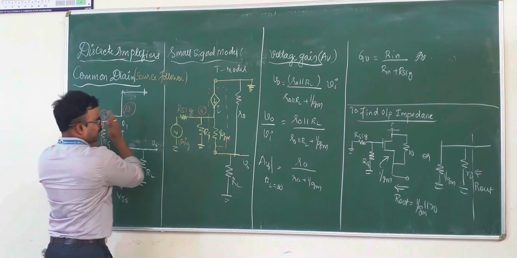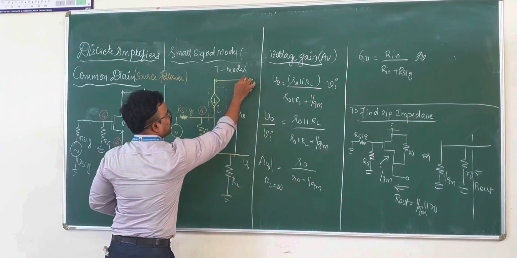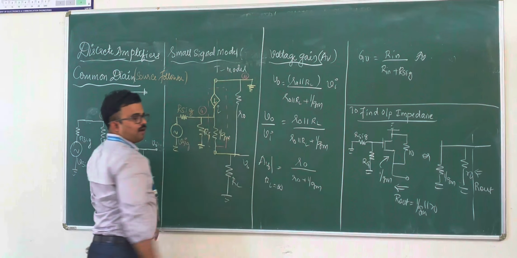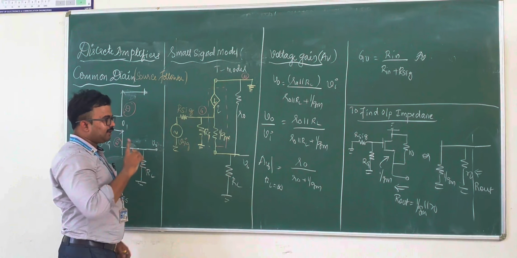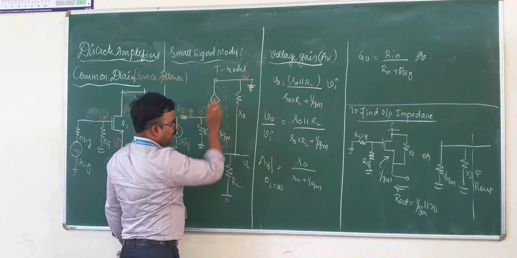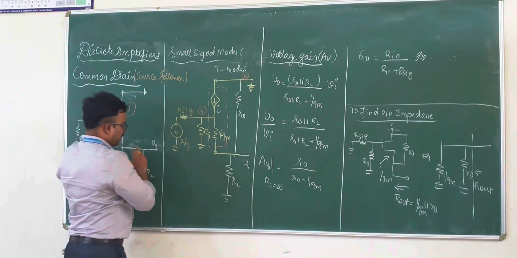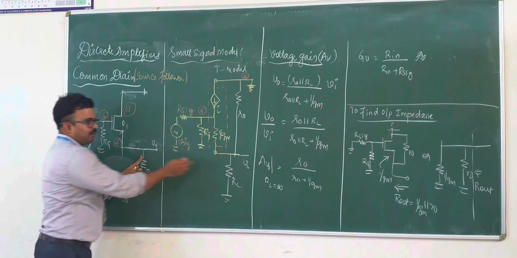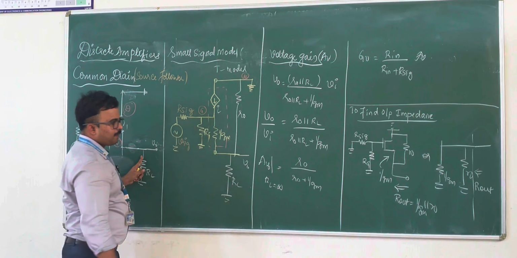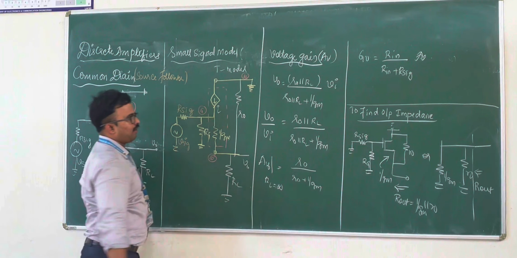The entire input side is being replaced over here, and since the drain terminal is at the ground, called AC ground, I can consider R0. At the output side, which is the source terminal, you have RL, which is connected between the source and the ground.